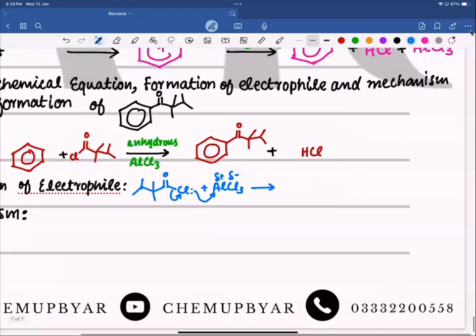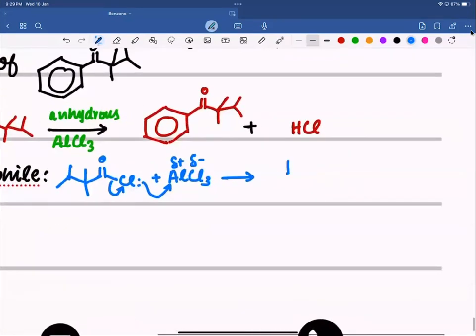Now, Maham, the mistake which you made over here is that you made a bond over here. Now there will be no bond over here because the chlorine is removed. So only this is the carbon which becomes partial positive. So we will draw it like this. That is the only mistake that you made. And AlCl4 negative is formed.